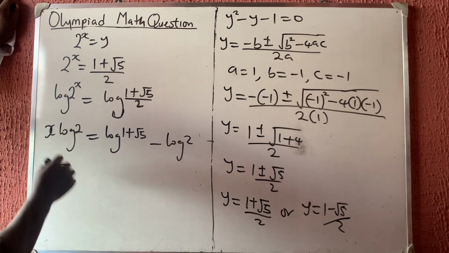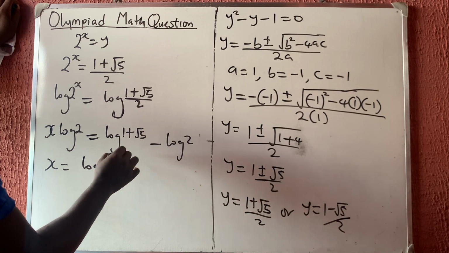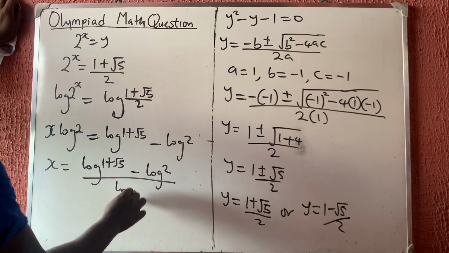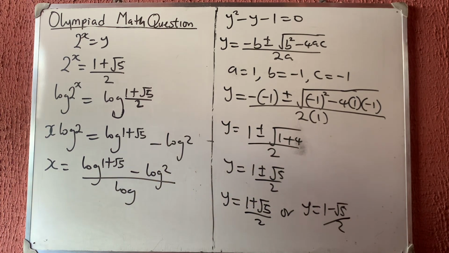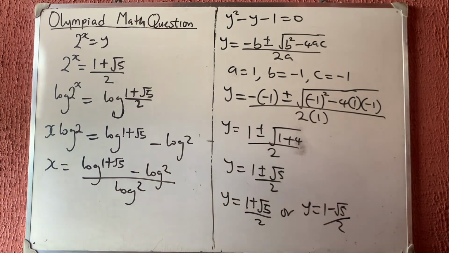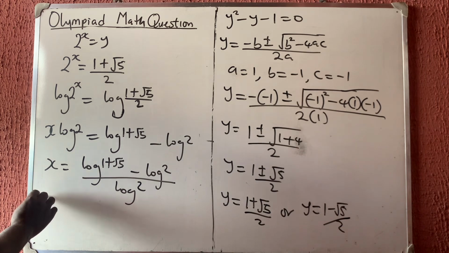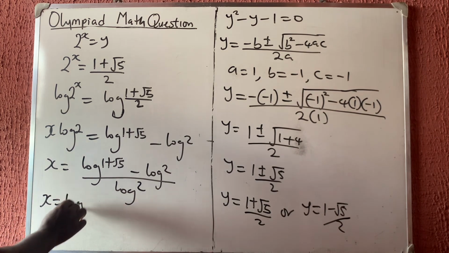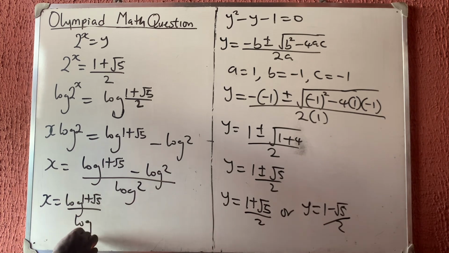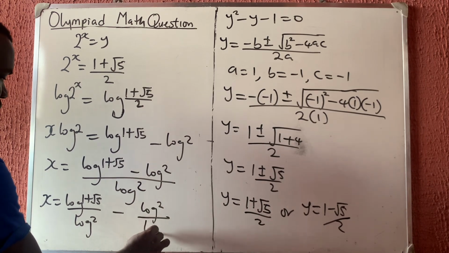So divide everybody by log 2. I'm going to have log of 1 plus root 5, minus log 2, divided by log 2. Now if you want them to be in base 2, then x is equal to log of 1 plus root 5 over log 2, minus log 2 over log 2.